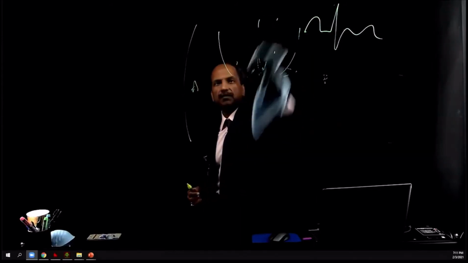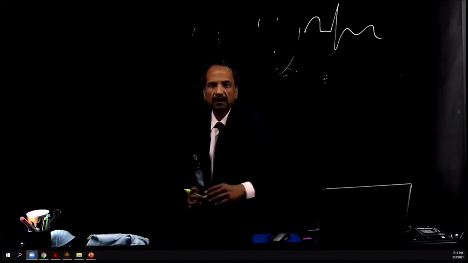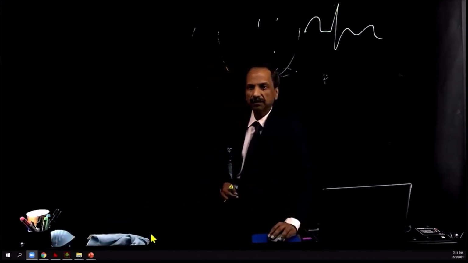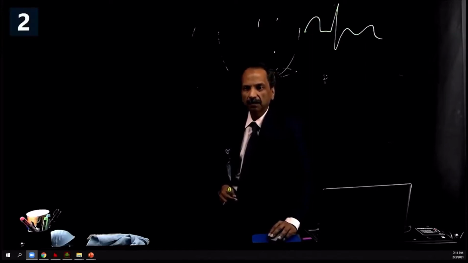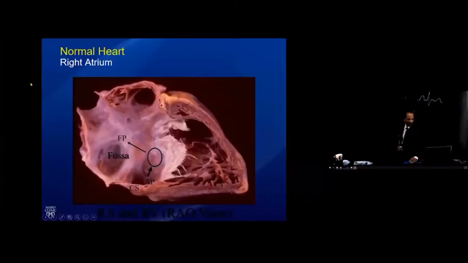Siva also brought up the issue of the accessory pathway in the posteroseptal region. This is a little counterintuitive, and maybe I'll go back to the slides here to show what the issue is.